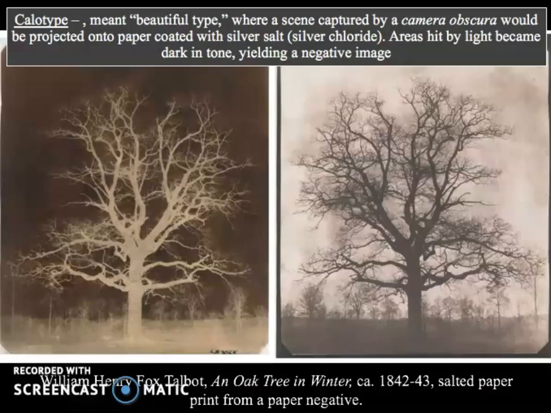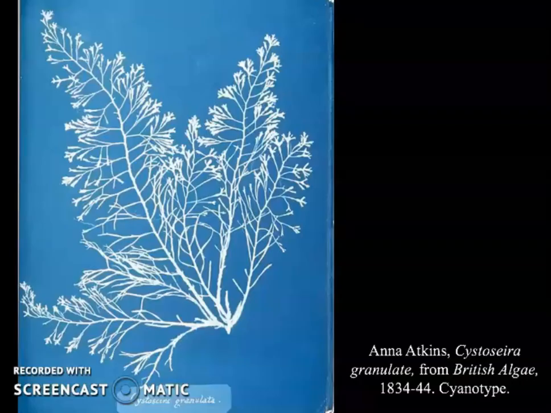Areas hit by light became dark in tone, yielding a negative image. And then with this negative image, like of this tree, you could create the positive image. This is really the system that we use much more today than we do the daguerreotype, because it only creates one original, versus Henry Fox Talbot work could be replicated over and over.